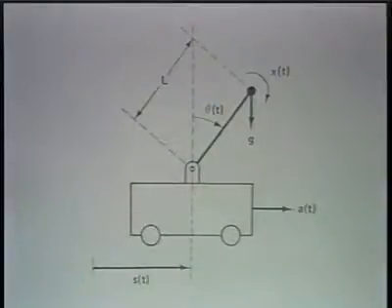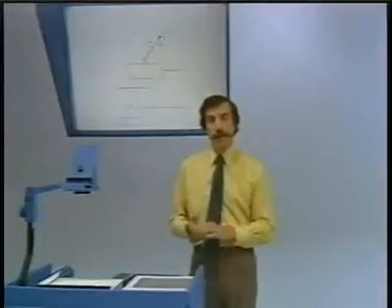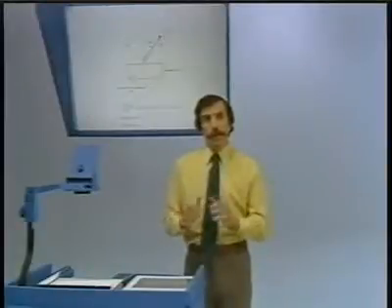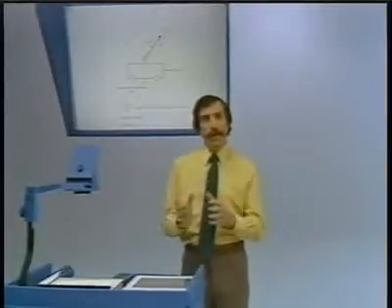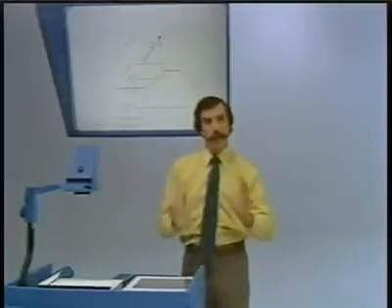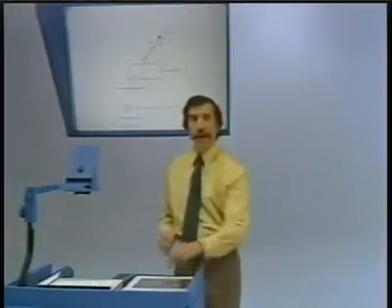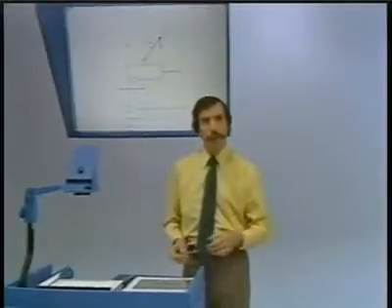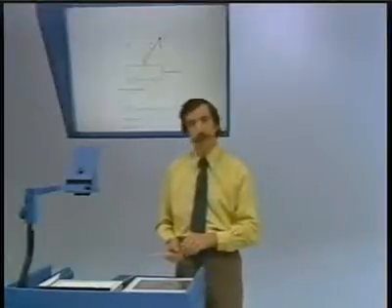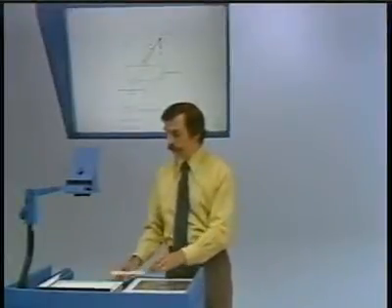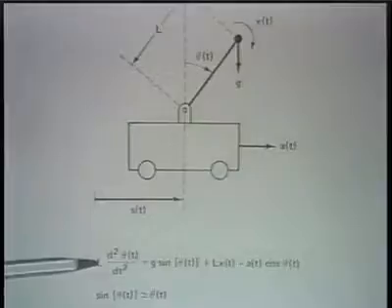And without going into the details specifically, what we'll do is write the equation in terms of balancing the accelerations. And if you go through that process, then the basic equation that you end up with is the equation that I indicate here.